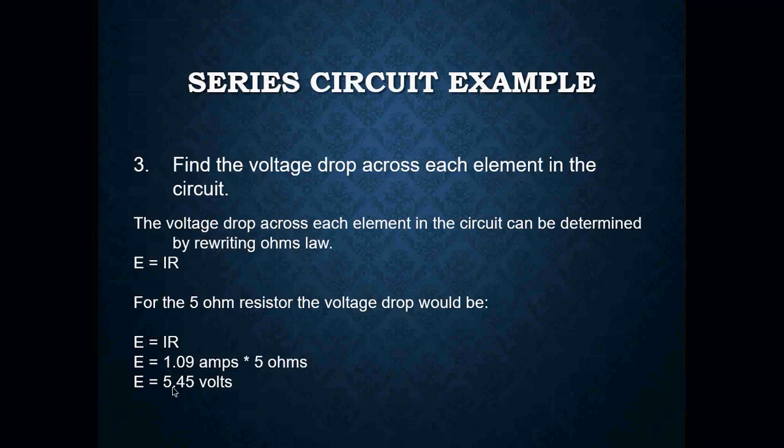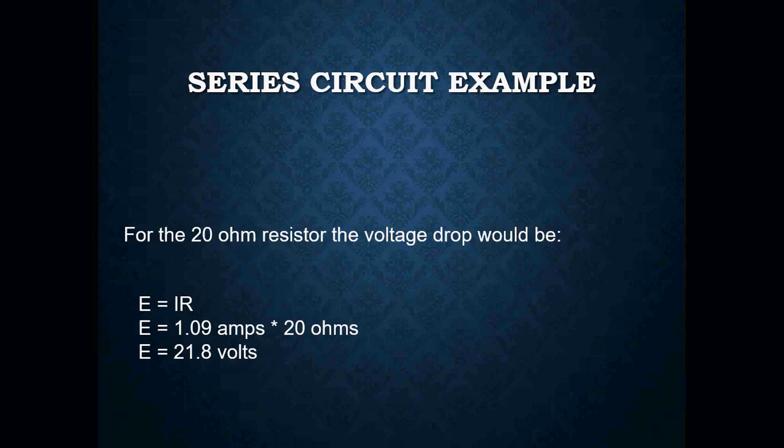That guy is going to use 5.45 volts of electricity. The 20 ohm resistor, we're going to use the exact same formula, 1.09 amps times 20 ohms of resistance, and that guy is going to be using somewhere around 21.8 volts, sorry.